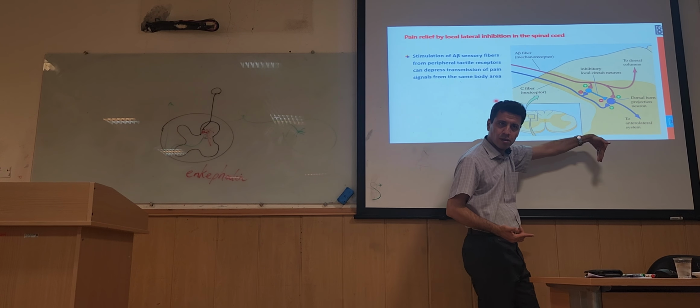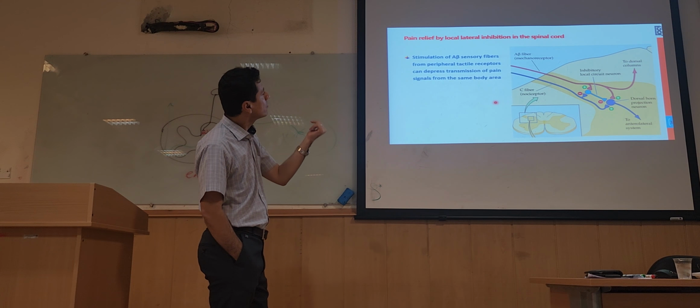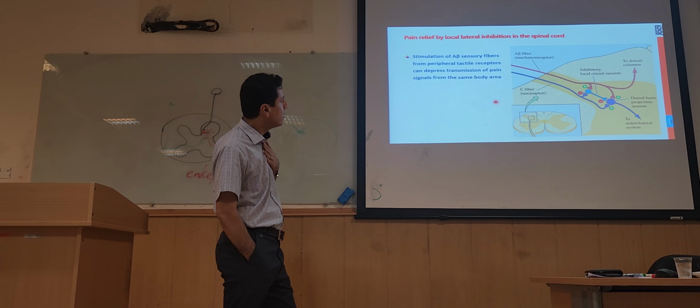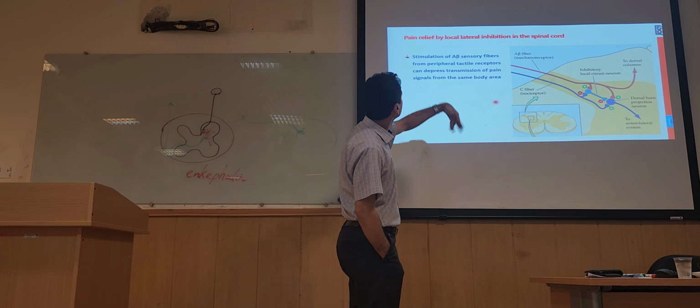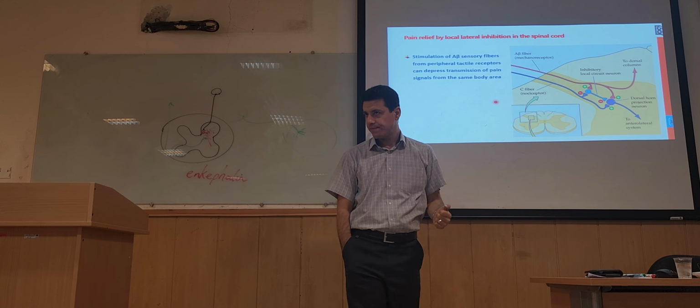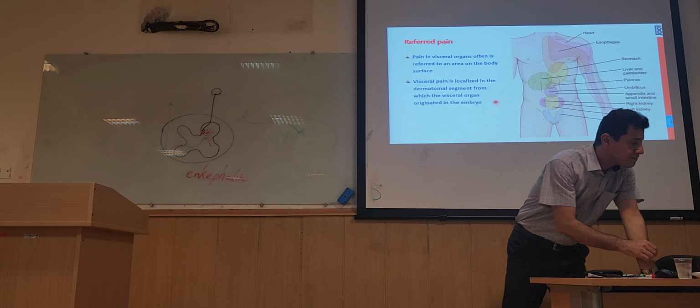So stimulation of A beta sensory fibers from peripheral tactile receptors can depress transmission of pain signals from the same body area. Local lateral inhibition. Got it?